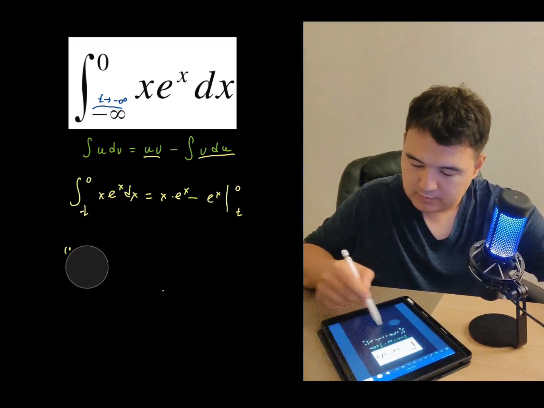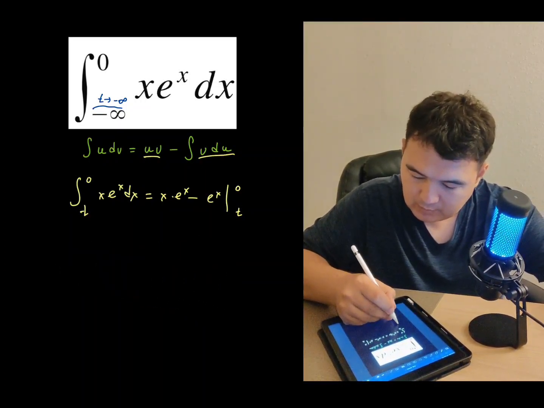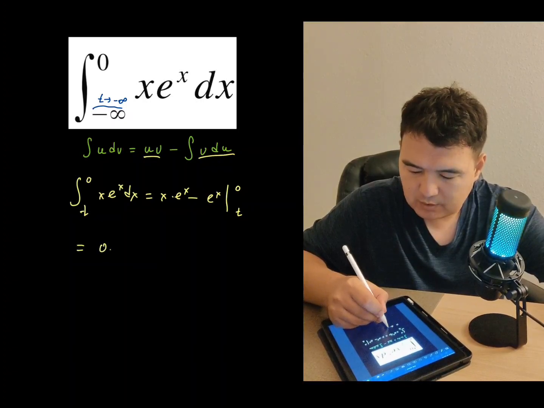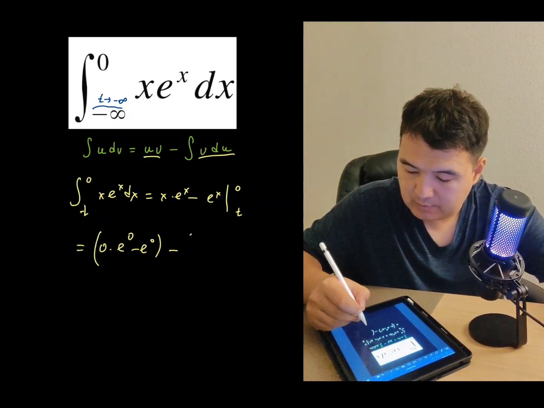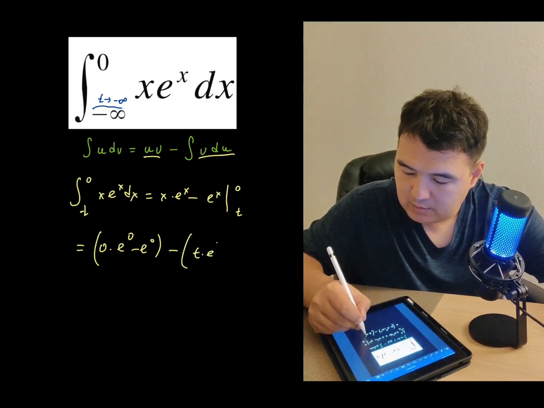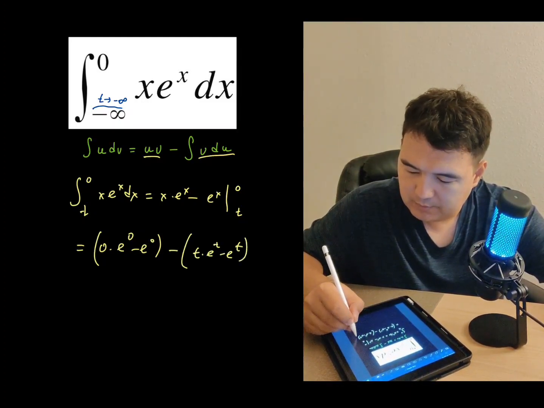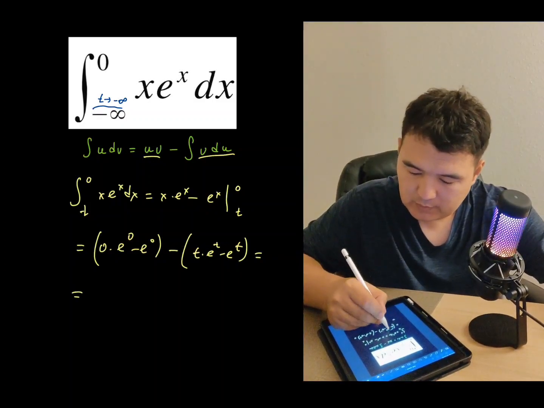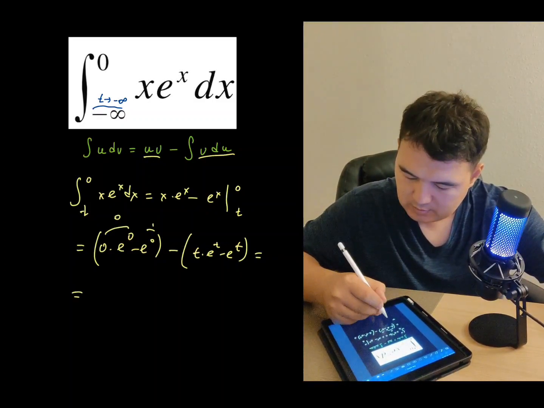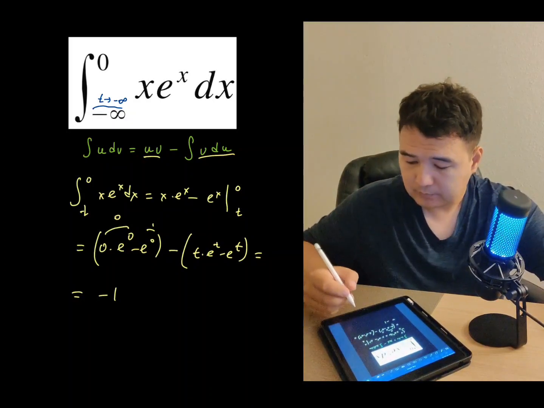Now I can erase this part, and if I plug in 0, I will get 0 times e to the power 0 minus e^0, subtract t times e^t minus e to the power t. Simplifying this expression, we get this is 0, this is 1, so that's negative 1.